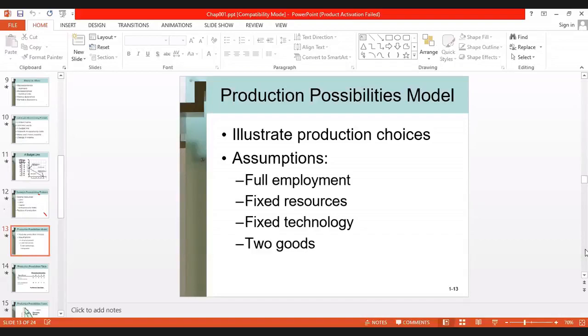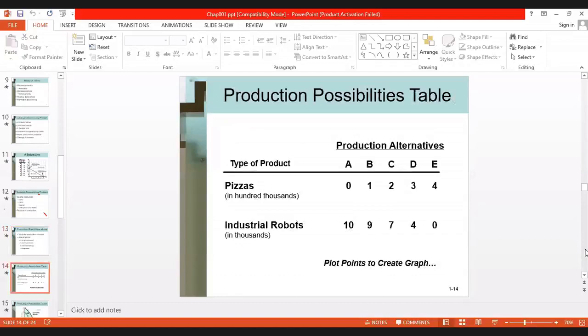If those resources are fully employed and fixed, the technology in the country is not changing, and only 2 goods can be produced from these resources, we can show it in a graph or table. Now we assume only 2 goods can be produced in the country: one is pizza, the other is robo.